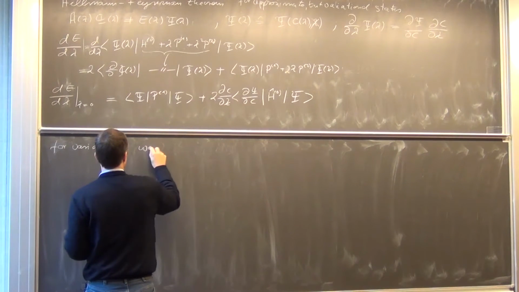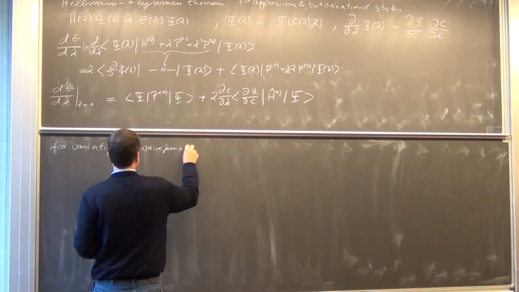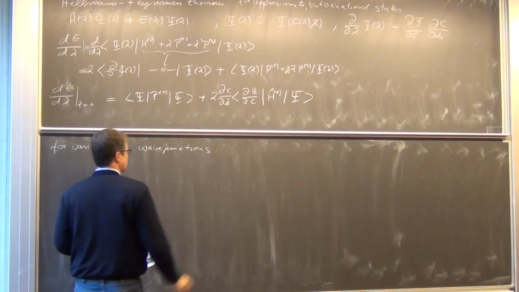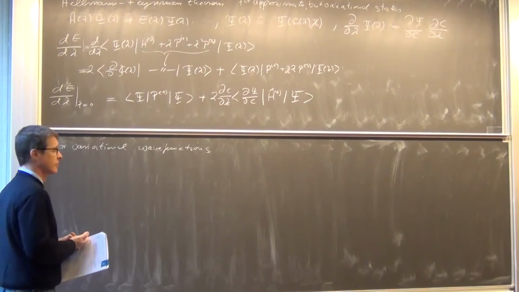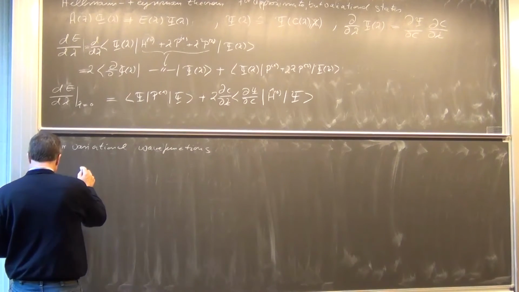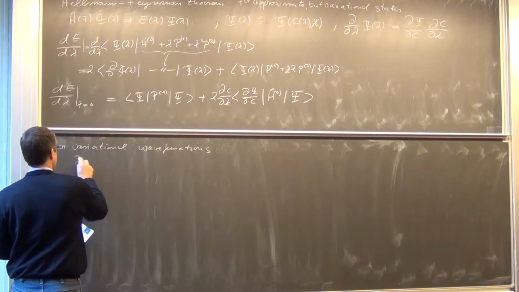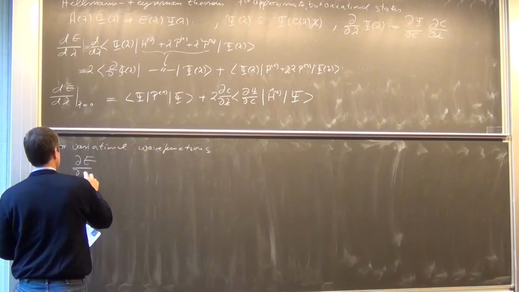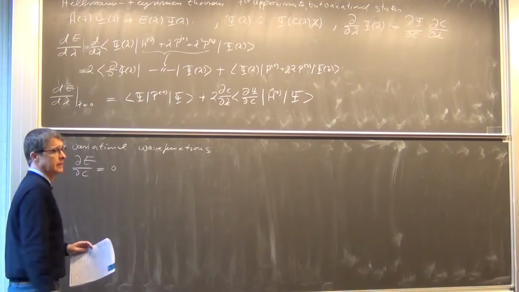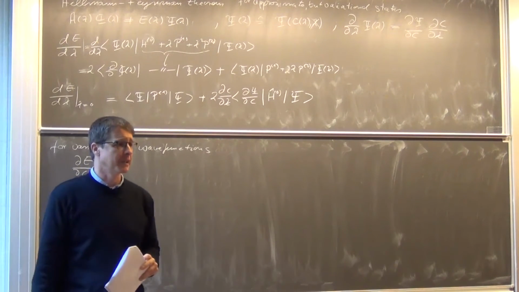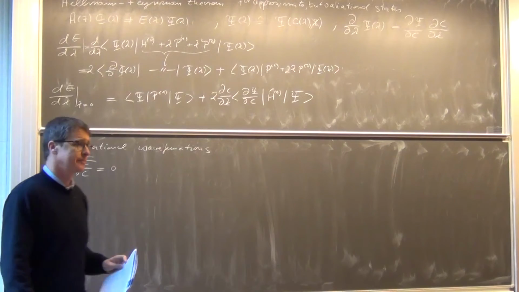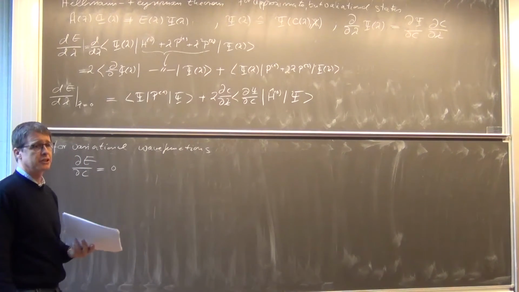So wave functions, what does it mean, variational wave functions? Well, it means that the derivative of the energy with respect to my wave function parameters is 0. That's how we optimize the wave function. That's our optimization condition.